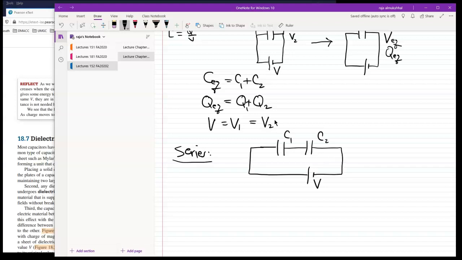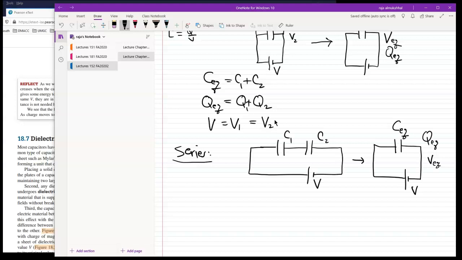So in this case, the equivalent circuit is one single capacitor and the old battery. And then there is an associated equivalent charge and equivalent voltage. That's V, the same thing.